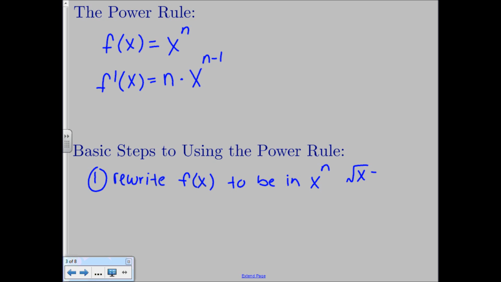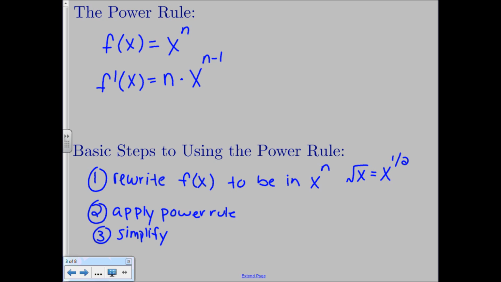You want to rewrite the square root as x to the power of 1/2, because that's going to make taking the derivative a whole lot easier. Then you just apply your power rule. And your third step is to simplify if you can, maybe to make it prettier, easier to read or use.